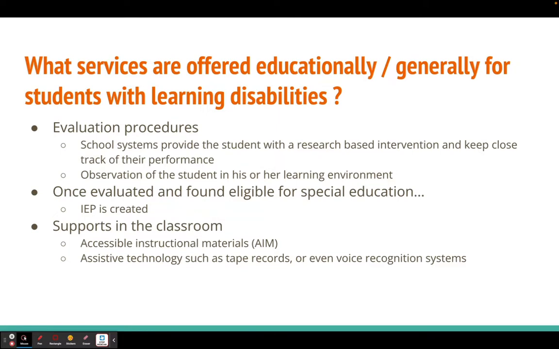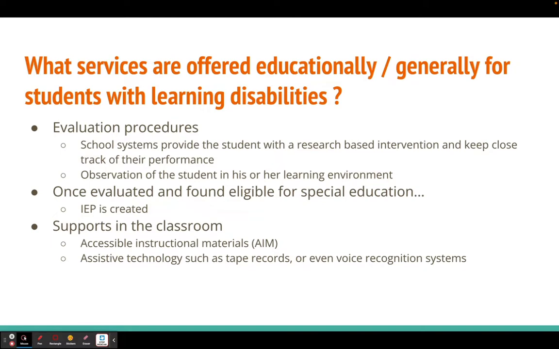So there are evaluation procedures that they go through. School systems will provide the student research-based intervention, which keeps track of the performances. They also observe the student in his or her learning environment, to see how they react in their regular general learning environment. Once they're evaluated and found eligible for special education, of course we'll be learning about IEPs, and we're going to create one.